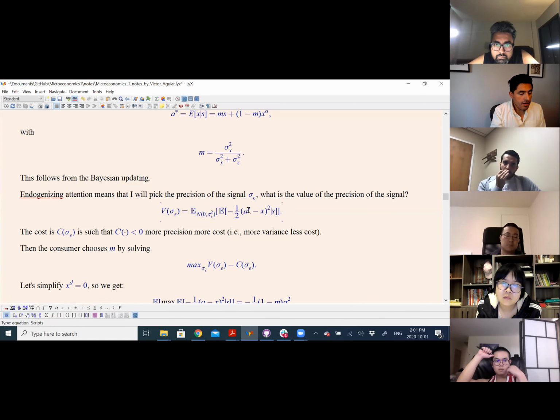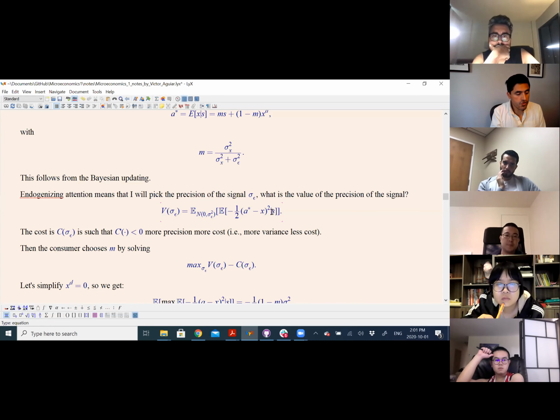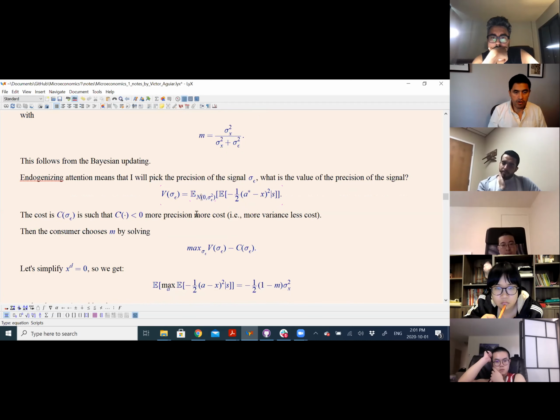And this is a conditional expectation, so it's a random variable still, not deterministic. I need a number, so I need to take the expectation outside with respect to the distribution over signals. And this distribution over signals is driven mainly by the normal with zero mean and variance sigma epsilon.